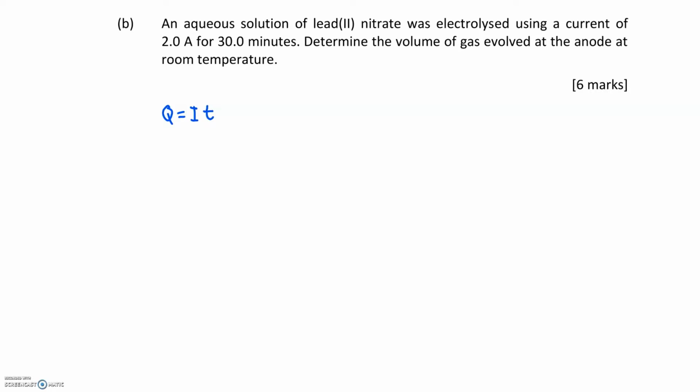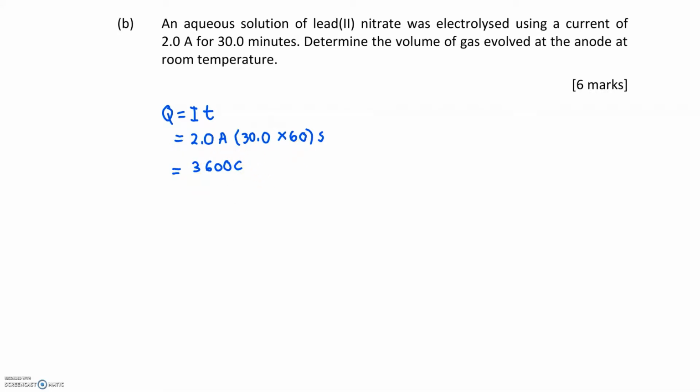So we can substitute the value of the current and the value of time, and according to the definition, for 1 ampere the time must be in seconds, so we will convert minutes to seconds. So after substituting in values, we get the value of charge.